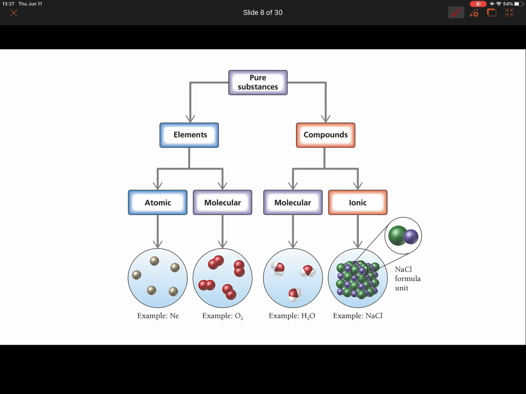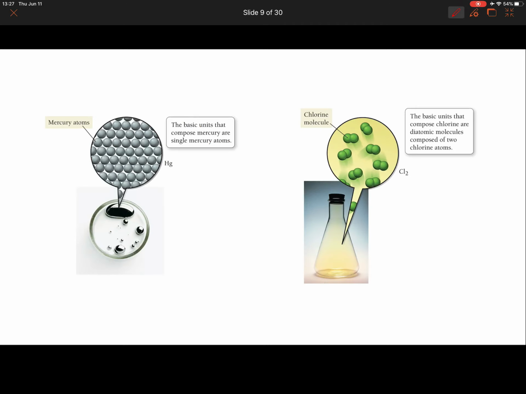So, pure substances can either be elements, which can be atomic or molecular, and then they can be compounds, which might be molecular or ionic. So let's first talk about atomic elements and molecular elements. So we're going to go down this branch first and talk about these guys.